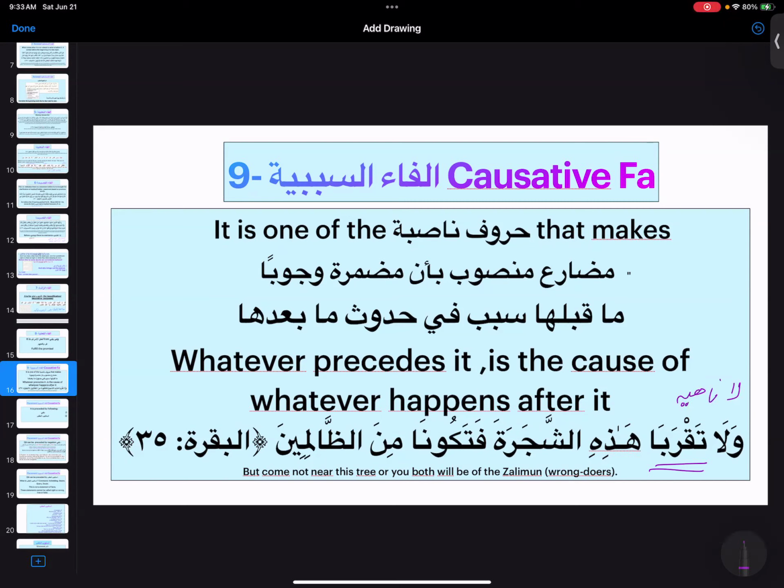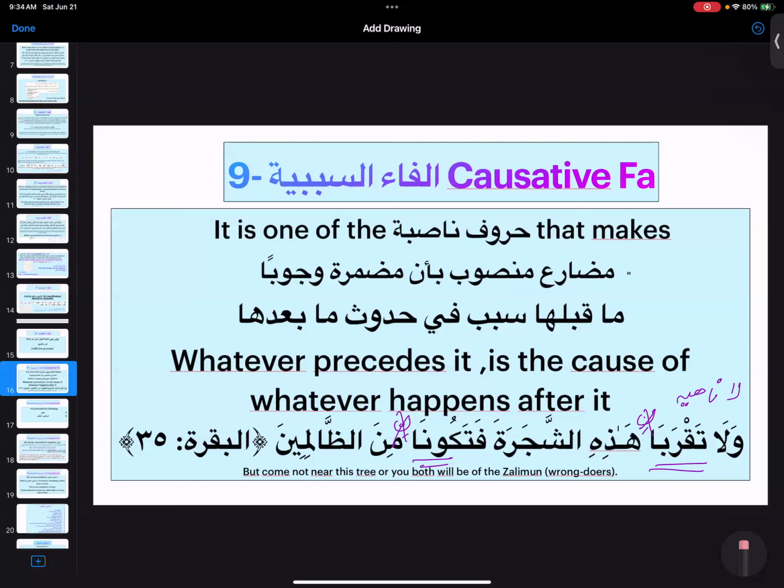So wala takraba hazihi shajarata fatakuna. Now what happened over here? Fatakuna. Same thing. It's following. This is mudari, grammatically mansub bihazfi nun, from the zalimin. Right. So that far should not be a problem. It's very easy to spot. Now it's clear. Yeah. Okay.